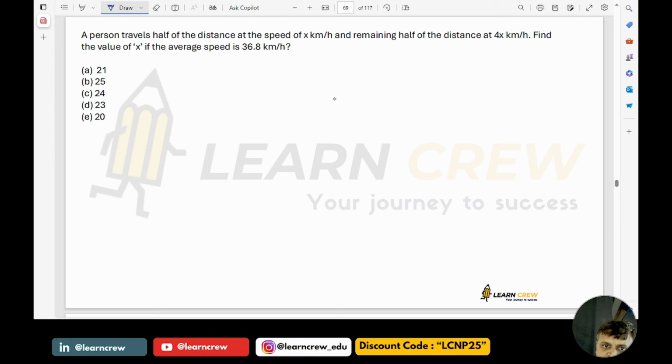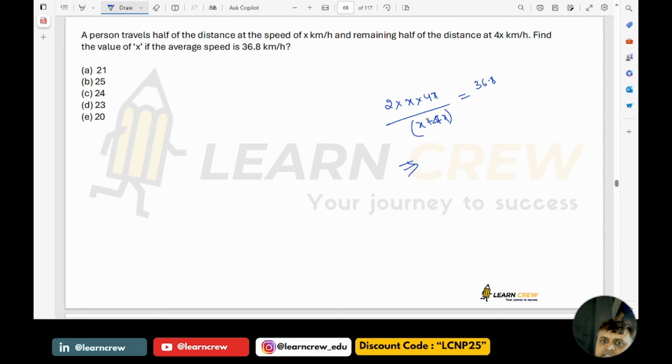Actually, see the average speed formula is 2xy by x plus y. x plus 4x is 5x. Okay, x is cancelled throughout. So 2 4s are 8. So you need to find out the value of x. This value is given as 36.8.